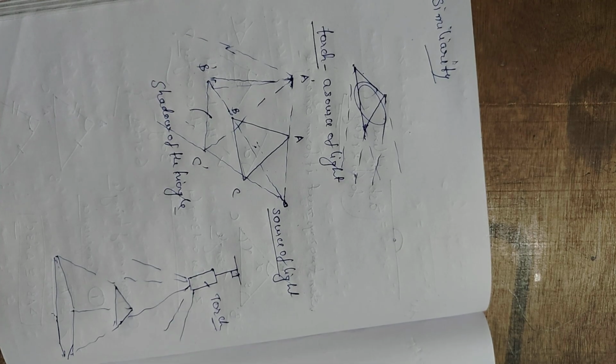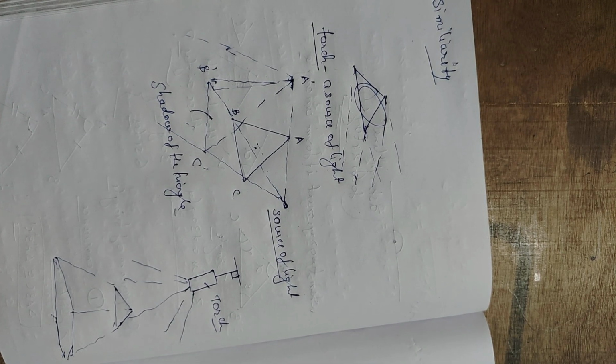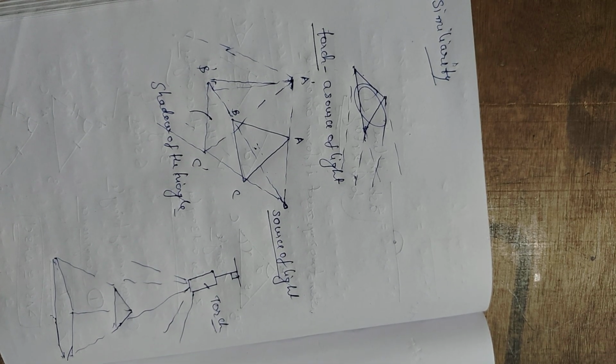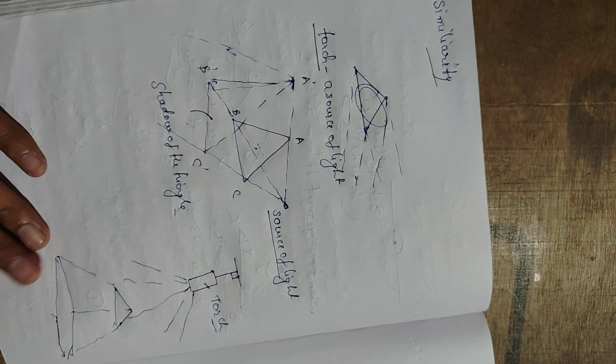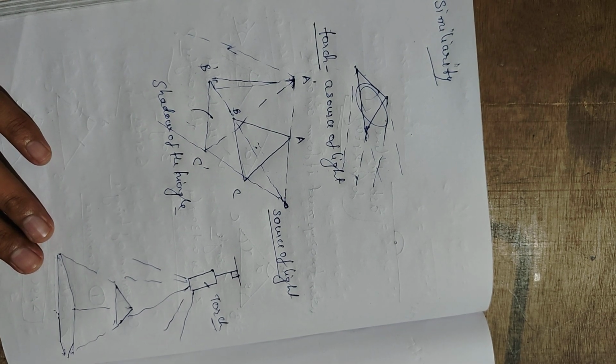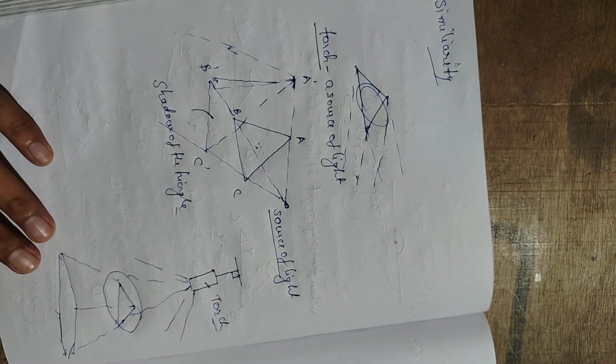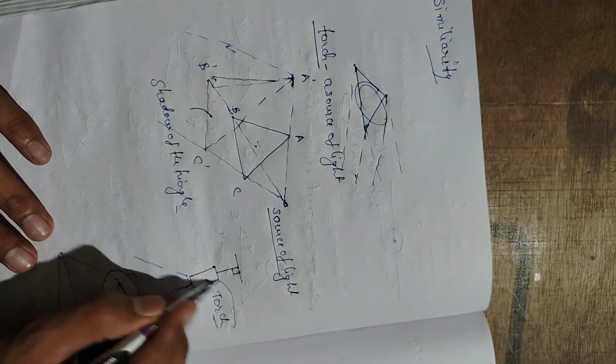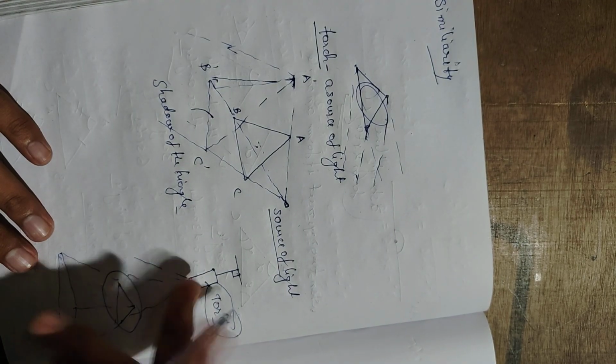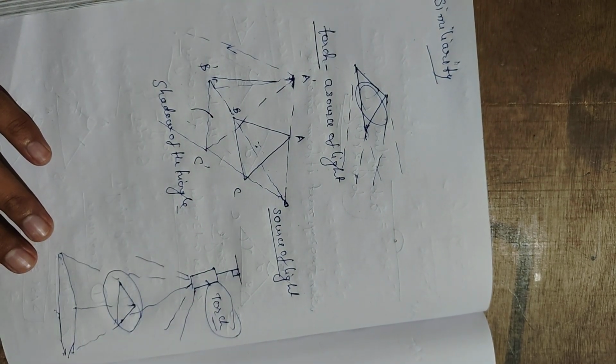So here what similarity really means is that we are just projecting things in light, and there's this torch that is perpendicular.